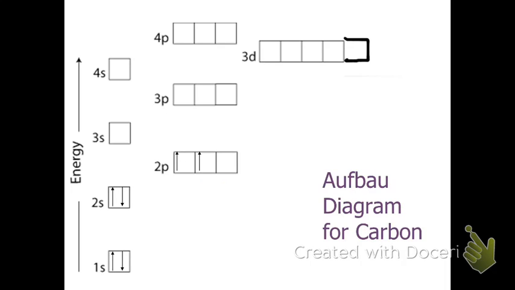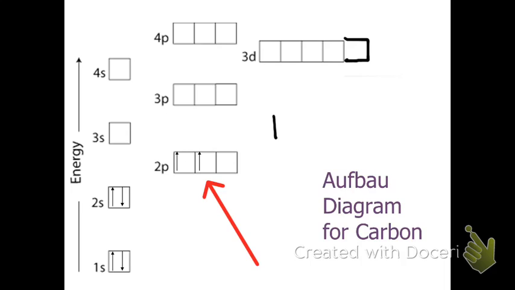Now we've gotten to carbon, and what we can see is we've added a second electron to make a total of 6 electrons. Notice that I have not paired up the electrons. I've actually put the electron in a separate orbital or box to satisfy Hund's Rule.